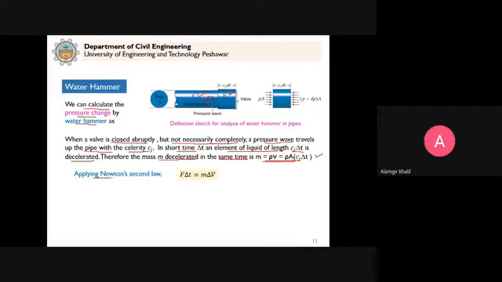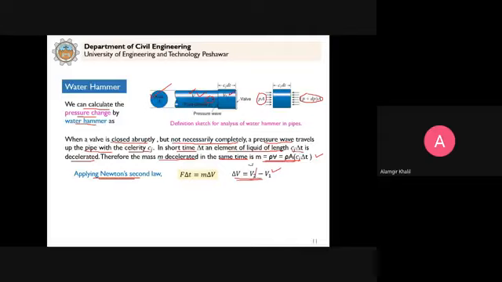We apply Newton's second law, and when we consider the forces here, P times A and P plus dP into A, where A is the cross-sectional area of the pipe, the change in velocity is v2 minus v1. Why? Because v1 is the initial velocity; the fluid is flowing with a velocity v. If the valve is completely closed, v2 will be 0.